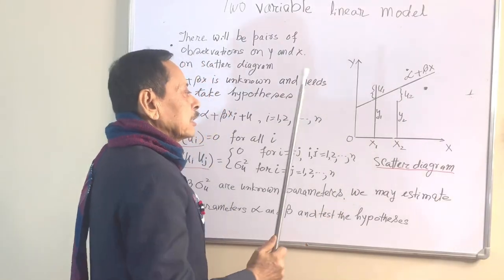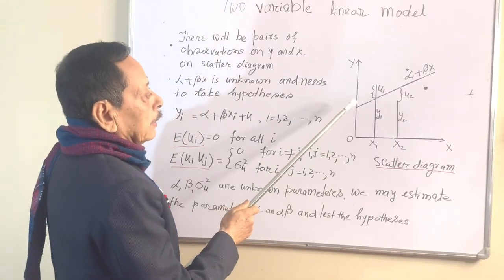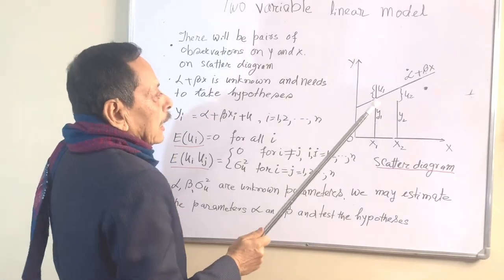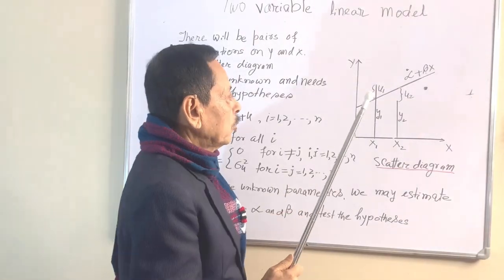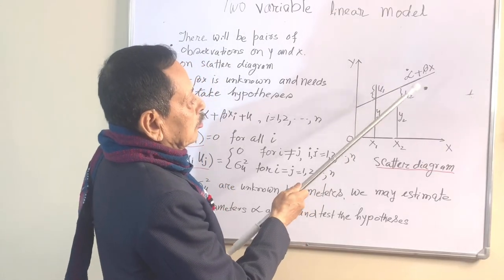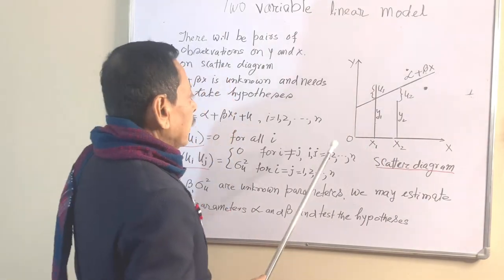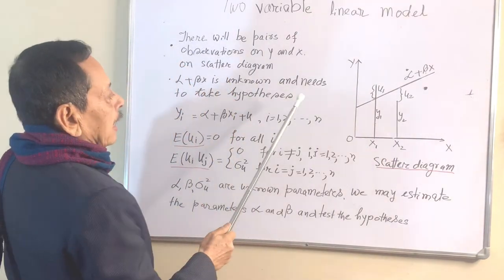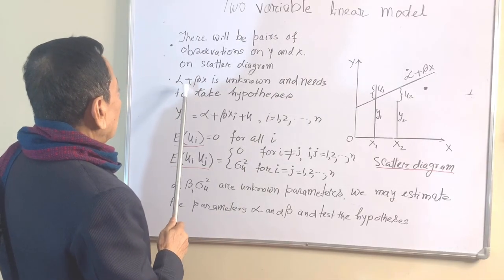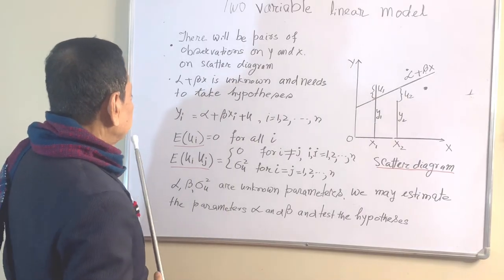These errors should be minimum. Then this line will be estimated in such a way that errors will be minimum, and the scatter will be divided into two equal halves. So we have to take some hypothesis in getting alpha and beta, the unknown parameters.